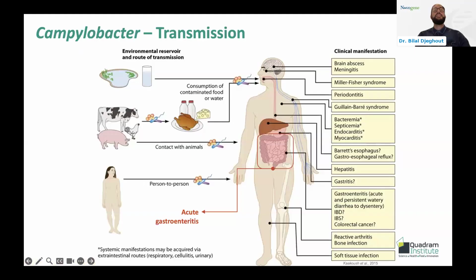Poultry, especially undercooked chicken, is the most frequent source, but the bacteria can also be picked up from unpasteurized milk, raw meat, or contaminated water, often due to animal waste runoff. People sometimes become infected directly by contact with farm animals or pets that carry the bacteria.